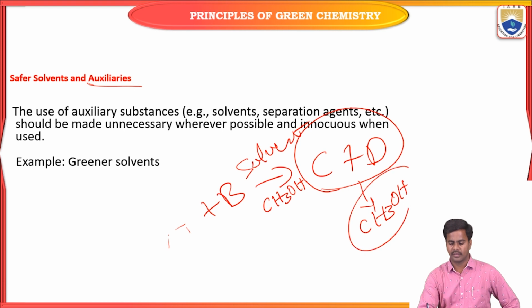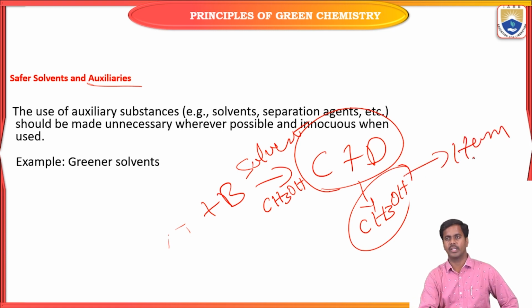Here, methanol is an organic solvent that has a harmful nature to the environment. Even though the two products are desired, most useful products, they should be less toxic to the environment.